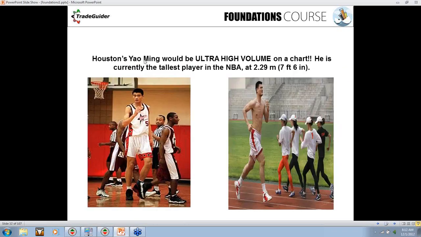And in fact, this is Houston's Yao Ming. Yao Ming is a basketball player. He's retired now, actually, but he was the tallest player at the time in the NBA. 7'6".